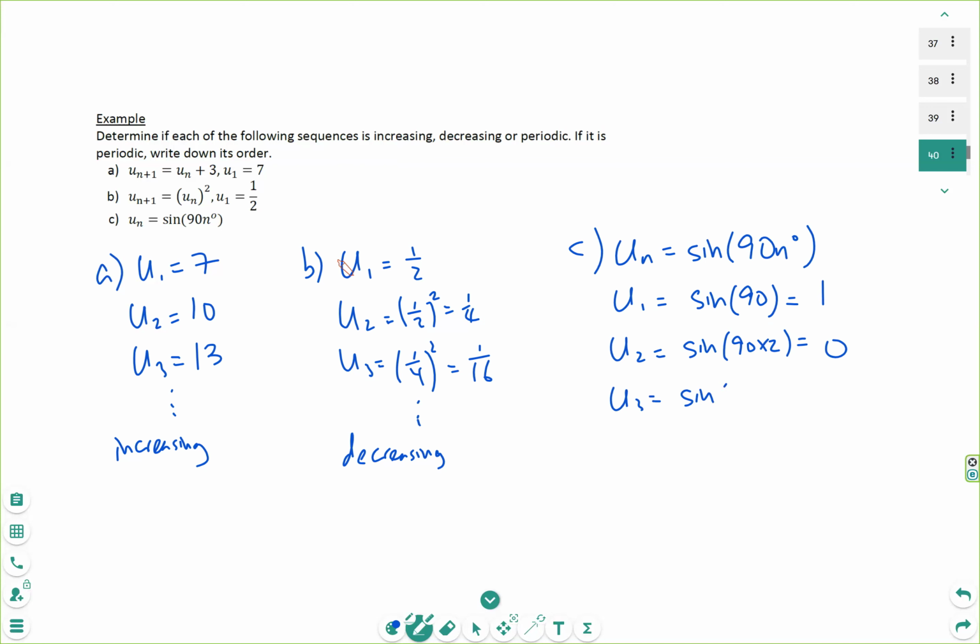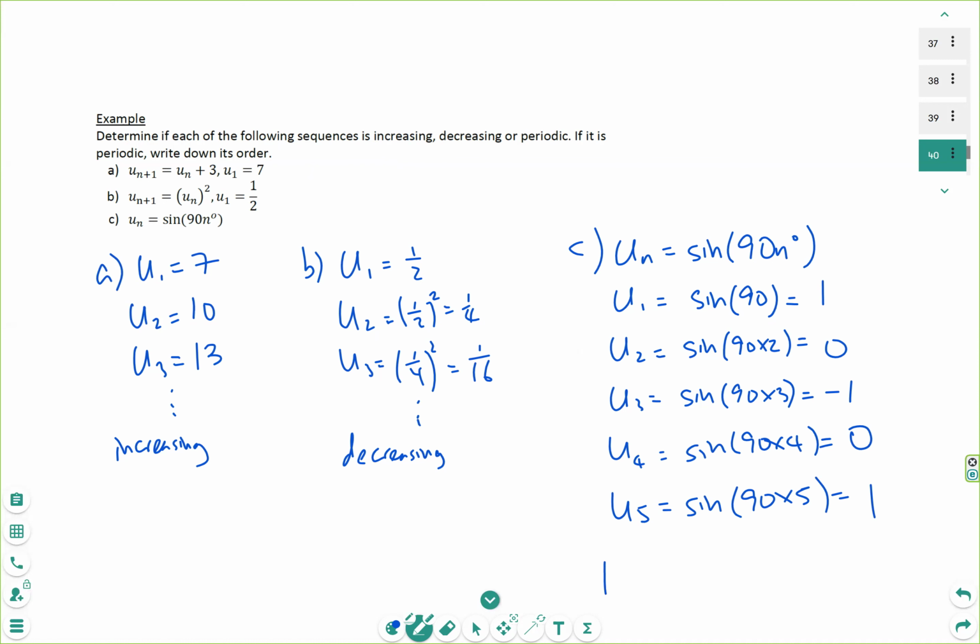U3, sine 270 is -1. U4 is sine 360, which is back to 0. U5, sine 450 degrees, let me put it in the calculator, is 1. And U6 you'll bet is 0.